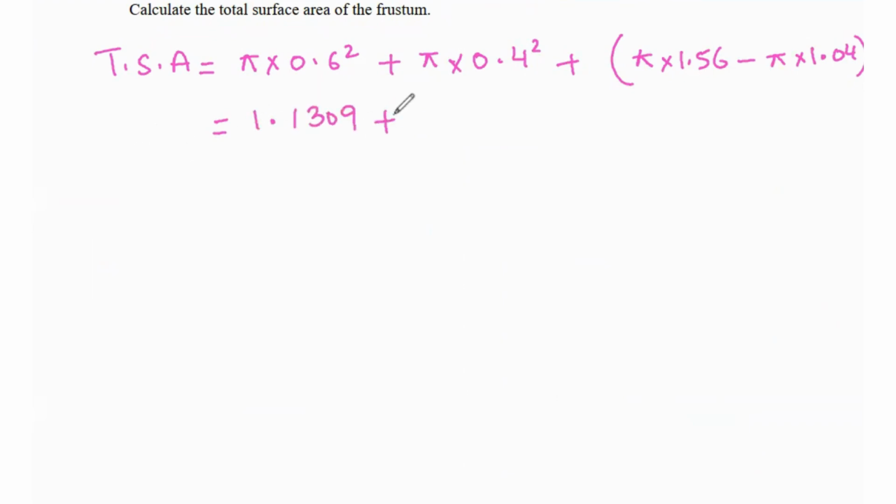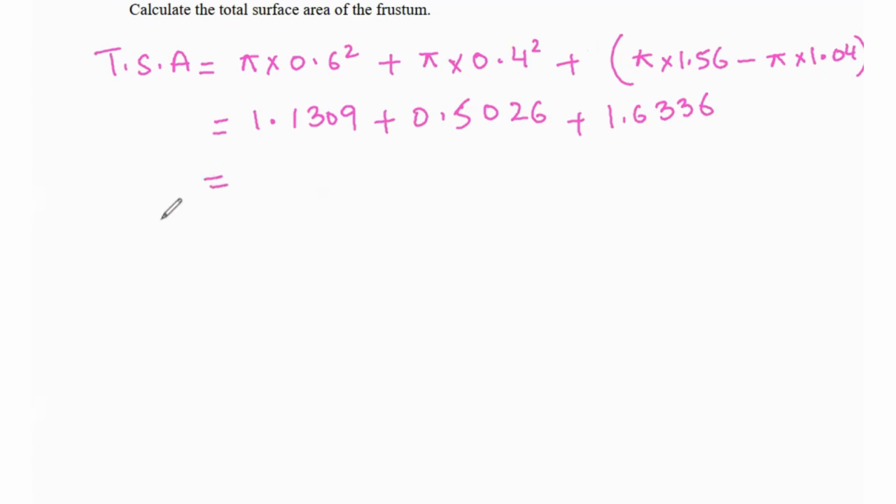So pi times 0.6 squared is 1.1309, plus pi times 0.4 squared is 0.5026, plus 1.56 minus 1.04 times pi, that's 1.6336.